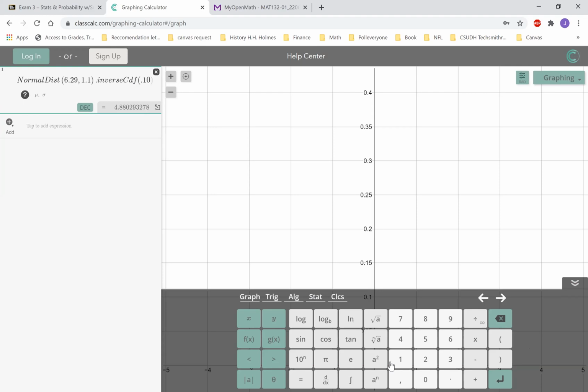And you get x is equal to 4.88. So that means in order to be considered the fastest 10%, you have to finish your bachelor's degree in 4.88 years or less. If you take more than that, you're not in the fastest 10%. But if you complete it in a shorter amount of time than that, then you'll be considered the fastest 10%. But that's it for that problem.